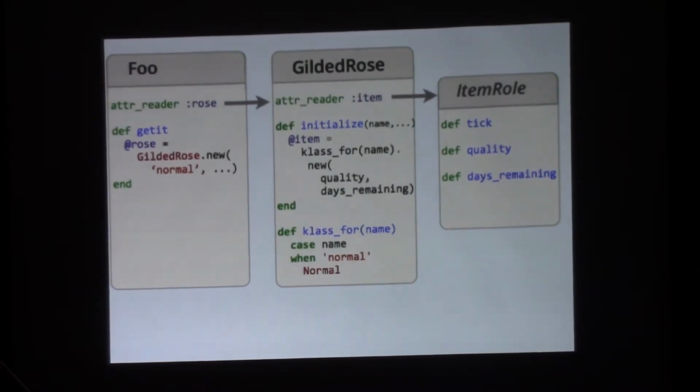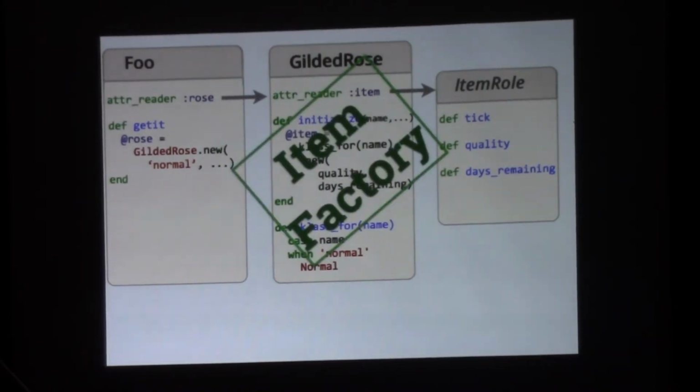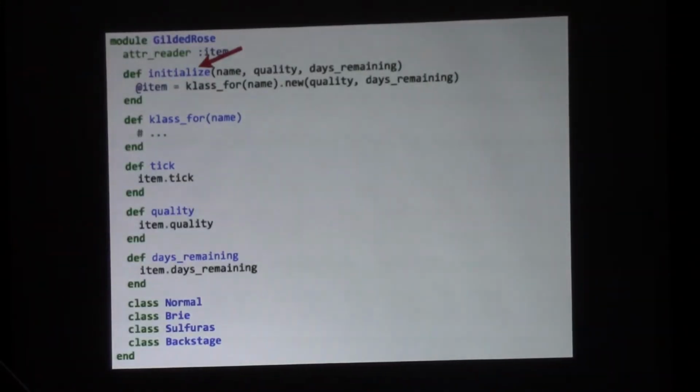This is just a use case where I need to instantiate an object. I pass the name, and I expect it to be a Gilded Rose object. But what it really does is it's just an item factory, and you just use it to instantiate several different items.